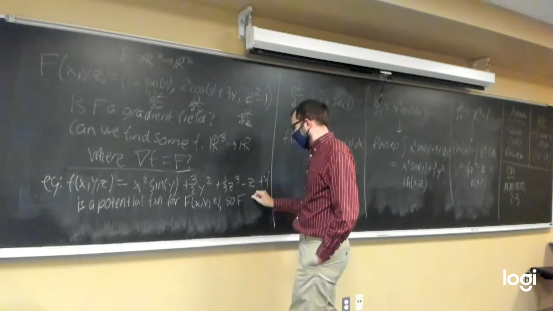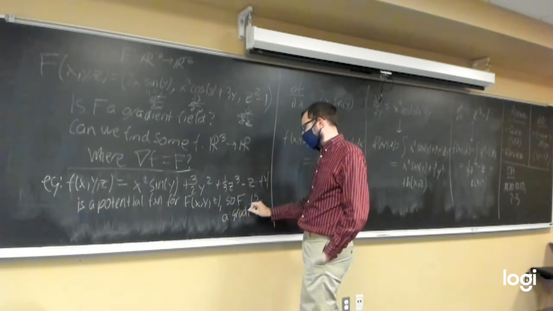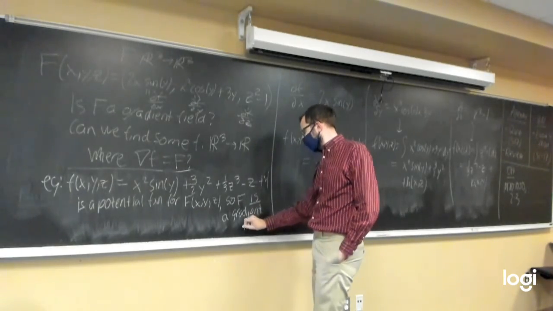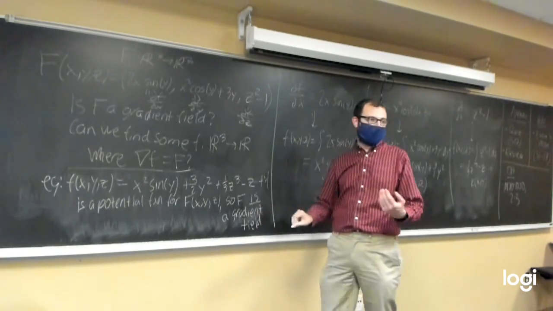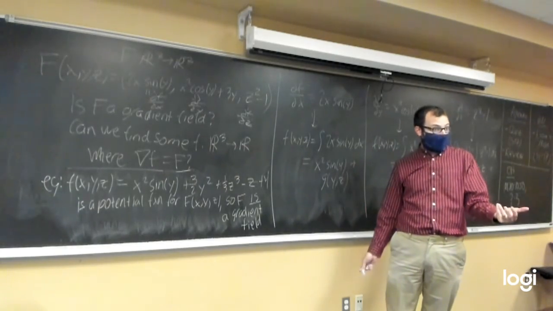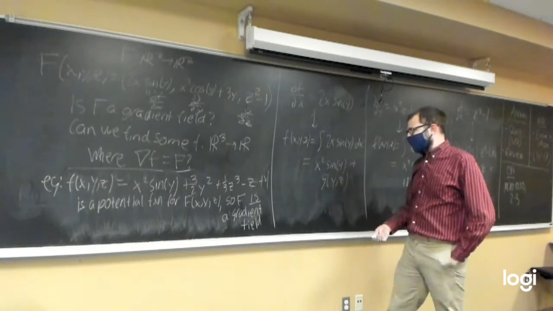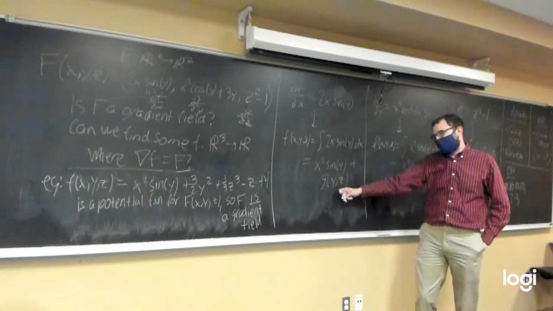So capital F is a gradient field. It is a conservative vector field in this case, because we were able to find a potential function. Madeline, your version without a constant works just as well, because that constant can always be folded in.